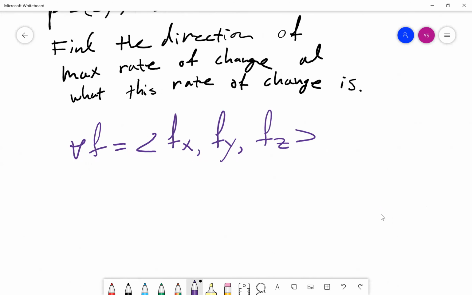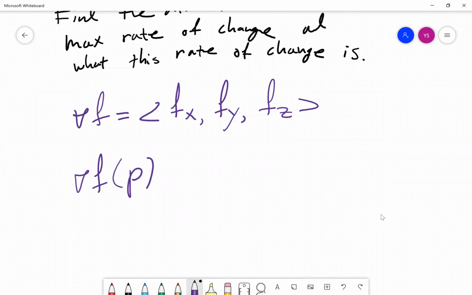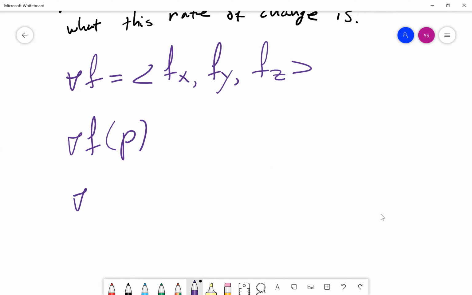And what we're really looking for is the gradient of f at the point P. They give us the point P. So let's first try to find the gradient of f at x, y, and z.